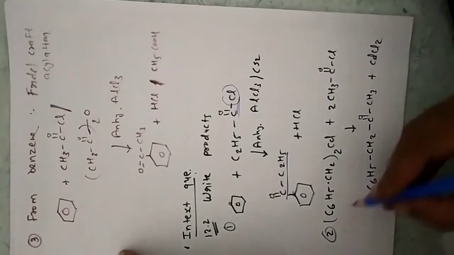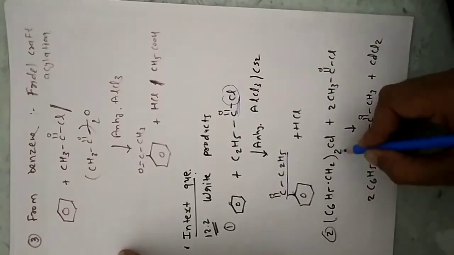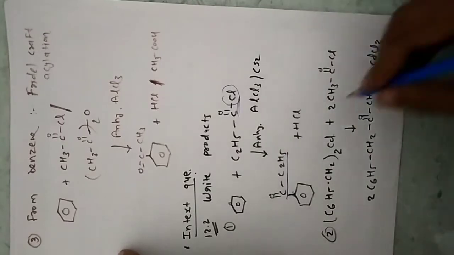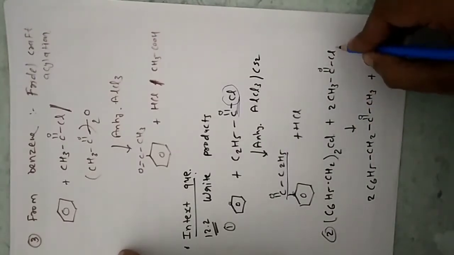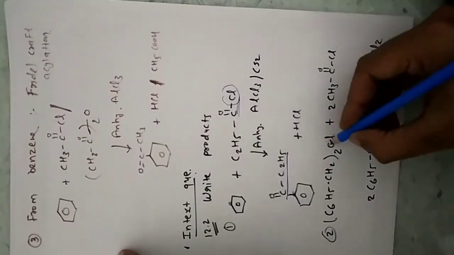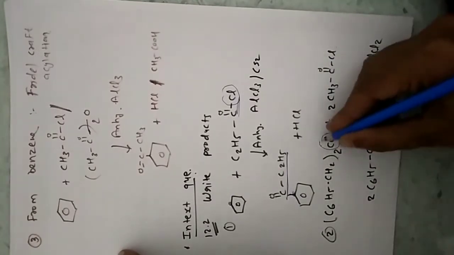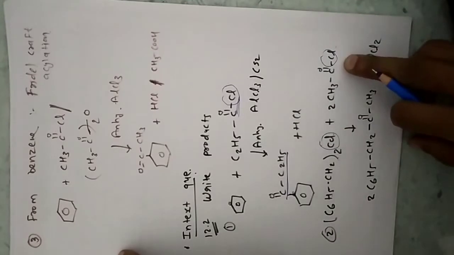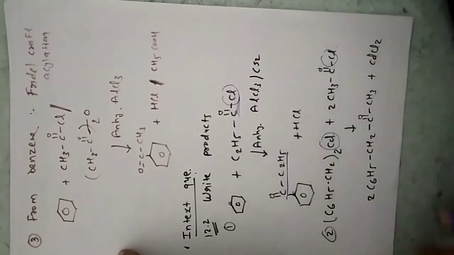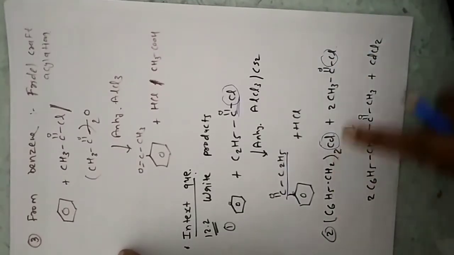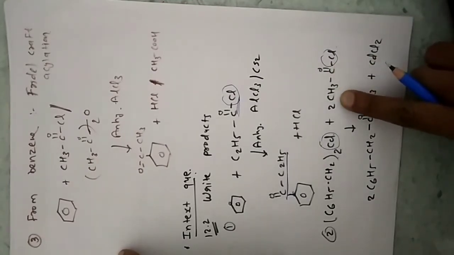Second one, (C6H5CH2)2Cd plus 2 CH3COCl. Now I already told you what you have to do in this reaction. Remove Cd and Cl and attach both groups. C6H5CH2 COCH3.